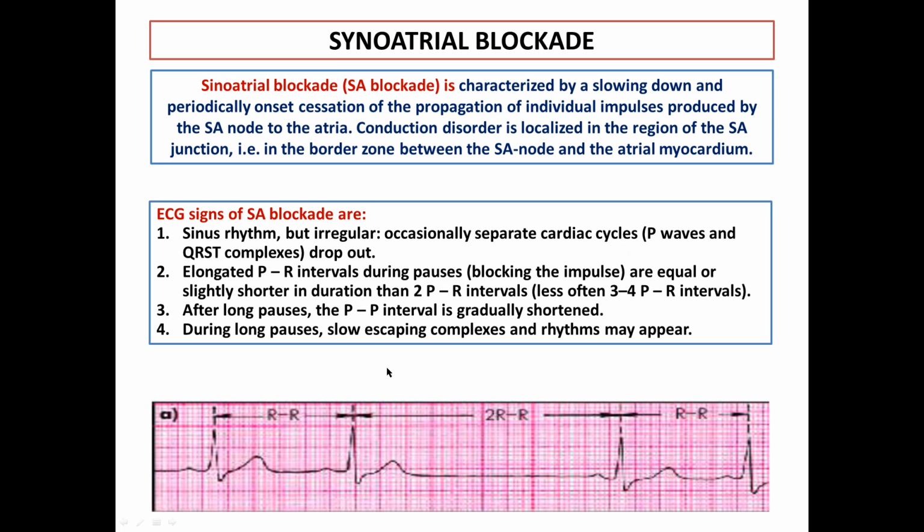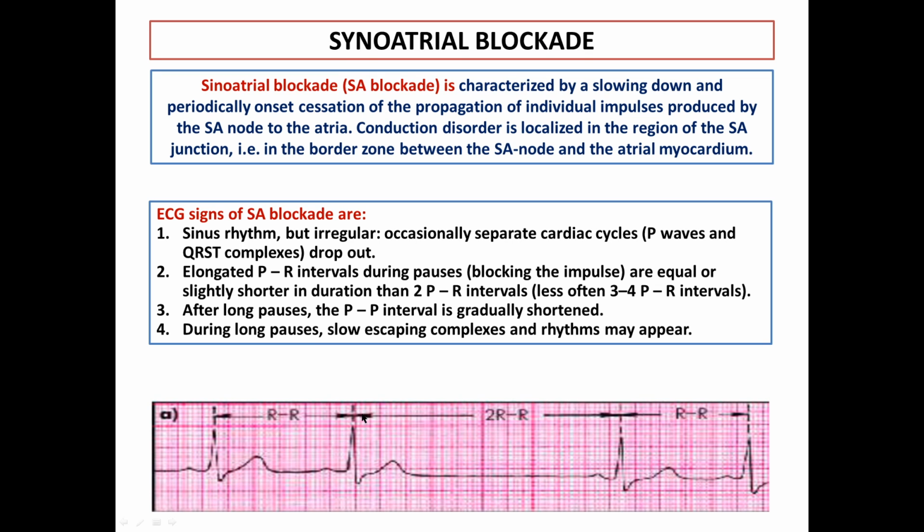ECG signs of sinoatrial blockages are sinus rhythm, you see P, QRST, sinus rhythm, but irregular, with occasionally emaciated cardiac cycles, P waves and QRS complexes drop out. You see here is normal, and again here is a dropout of one PQRST complex.